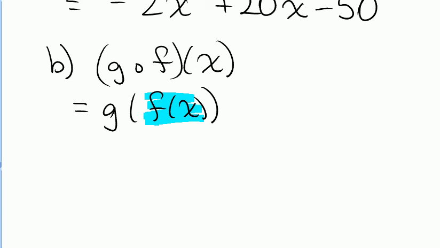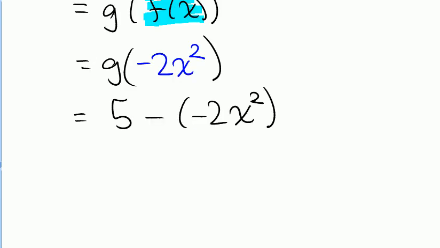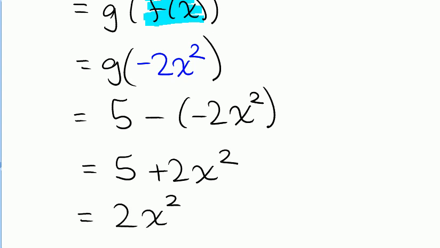So we are looking for g of negative 2x squared. We substitute that in. Minus a negative means plus a positive. And we want to write it in descending order. 2x squared plus 5.